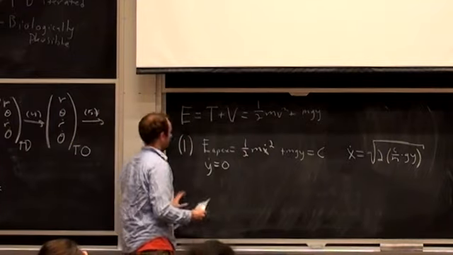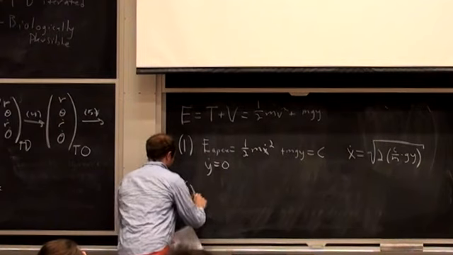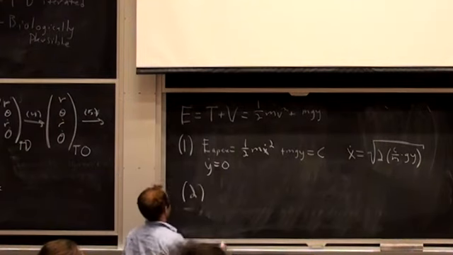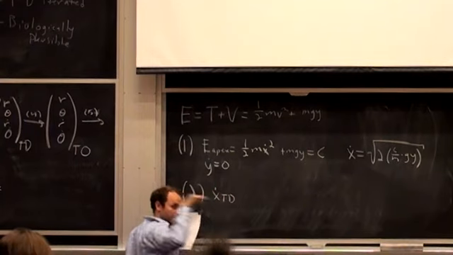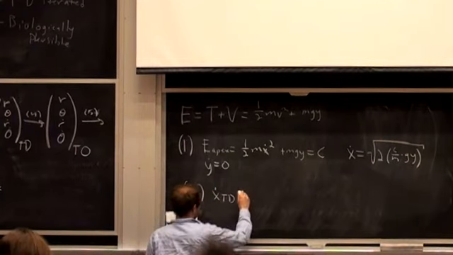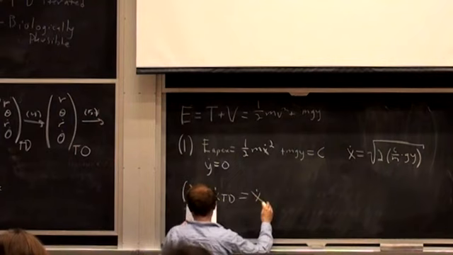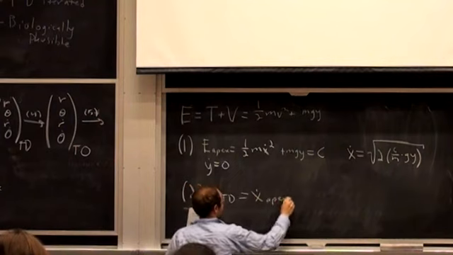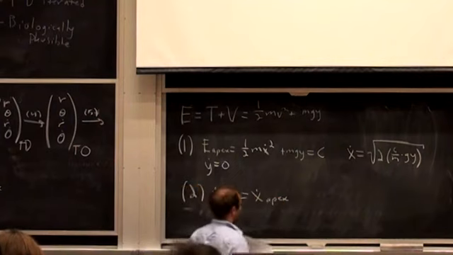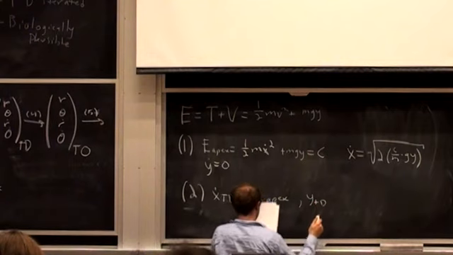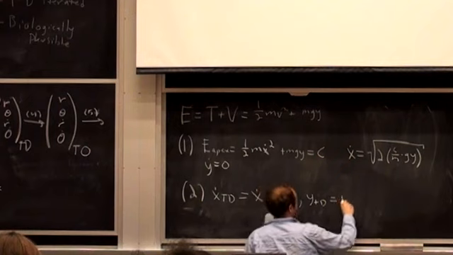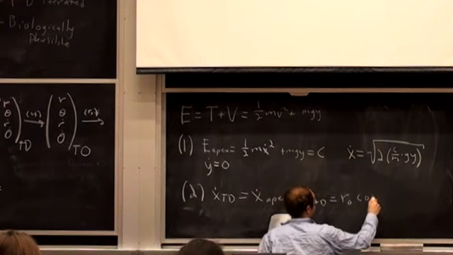Transition 2 then. We know that x dot at touchdown, so this is the ballistic phase coming down from apex, is equal to x dot apex, because there are no forces on it, so it's just going to keep carrying forward in x. Then we know y touchdown is going to be r naught cosine theta naught.